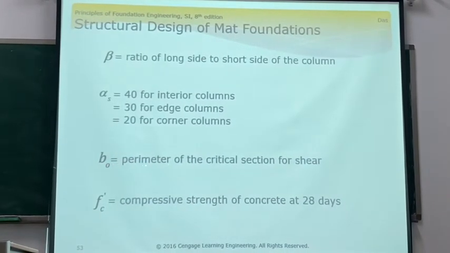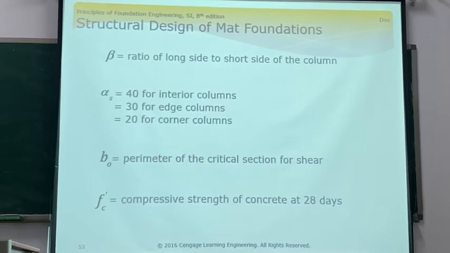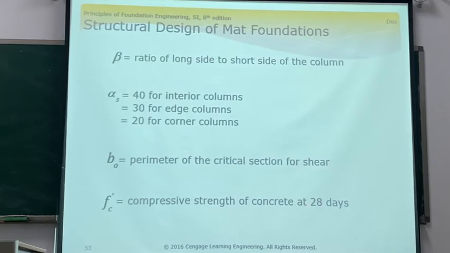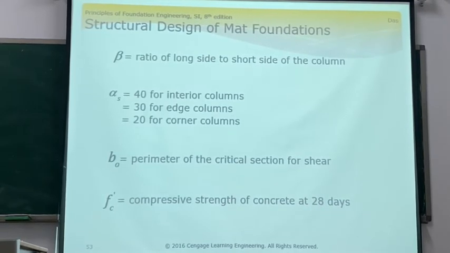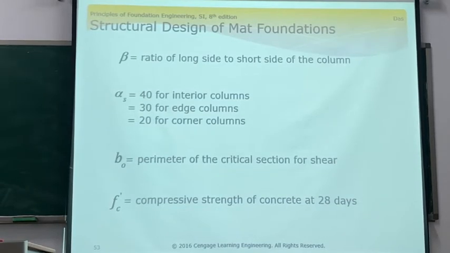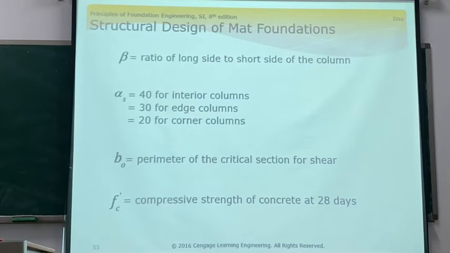B0 is the perimeter of the critical section of the shear, and f'c is the compressive strength of concrete at 28 days. Yeah. So this part you can study in the principles of structural design.